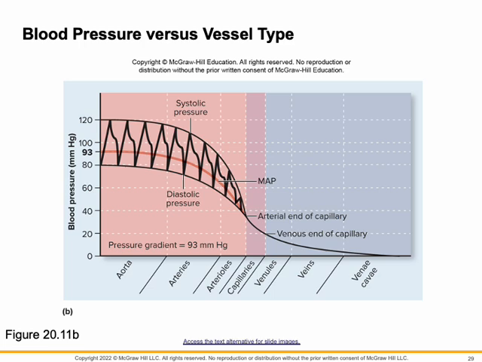You'll also notice a smaller difference between systolic and diastolic as you get further away from the heart. As you move into arterioles, capillaries, and venules, that pulse pressure is getting a little bit smaller.